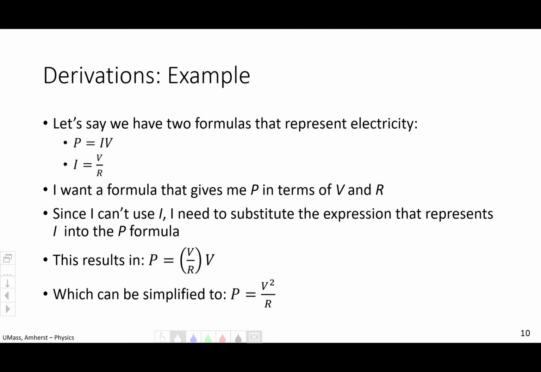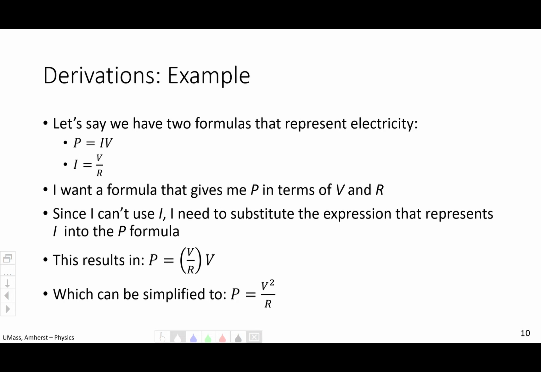But let's say I can only get data for voltage and resistance, and I want a formula that gives me power. Power is not quite directly measurable. The variable that we can't use is I, because I is not easily measured. It can be calculated, but it's not easily measured unless you have an ammeter. If you don't have an ammeter and you want power, we need to figure out a workaround.